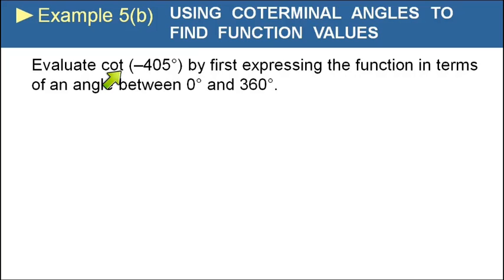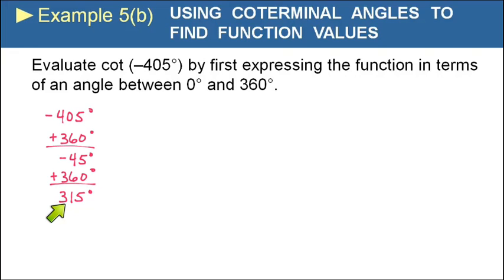Now let's do the cotangent of negative 405. First I have to start by adding 360 until I get an angle that's between 0 and 360. Once I get that, I know where my angle is, and so cotangent of negative 405 will be the same as cotangent of 315. And the reference angle here is 45.